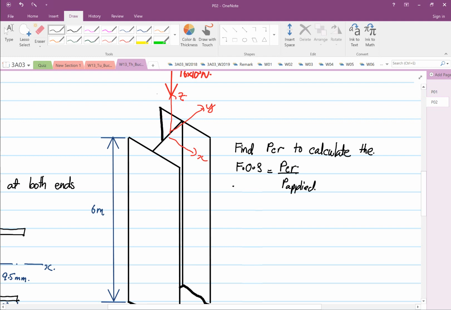Okay, so our P applied for this case is 16 times 10 to the power 3 Newton.